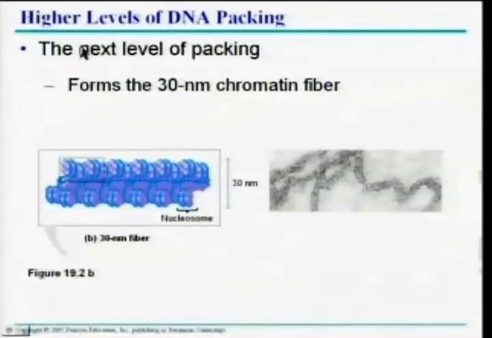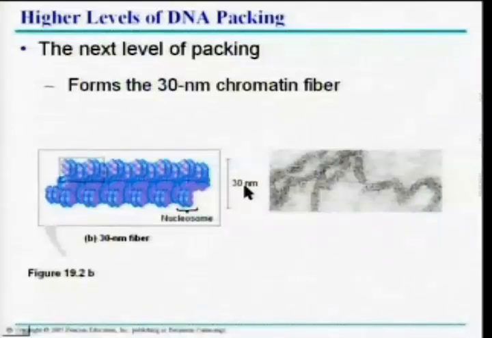Higher levels of DNA packing occur as we proceed. The next level of packing forms the 30 nanometer chromatin fiber, so we are now 15-fold greater in thickness, 3 times the histone effect.